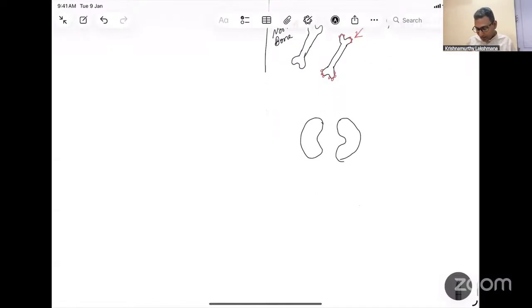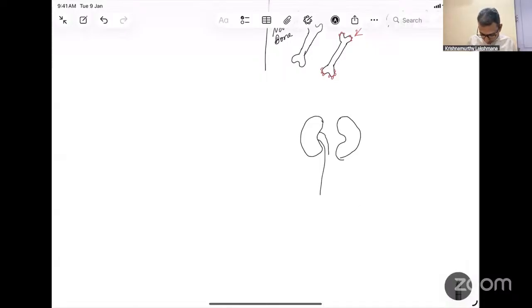So this is kidney. And this is your UB. Kidney does not have any excess condition. No excess condition.